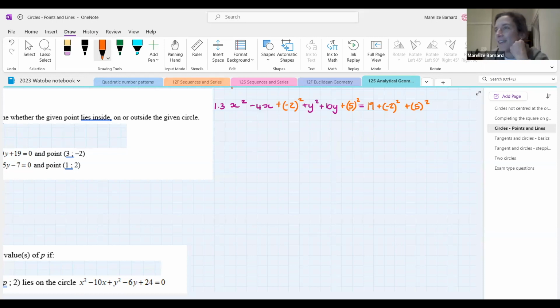Okay, let's carry on. So I'm going to make this x minus 2 squared plus y plus 5 squared. And it's 19 plus 4 is 23 plus 25 is 48, I think. Oh wait, I might have done something wrong here.